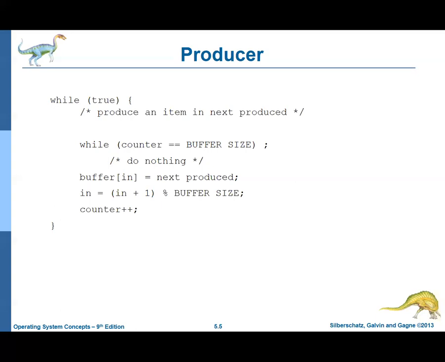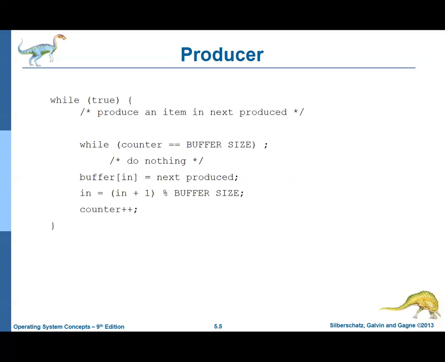So in could be here. And the producer said in is 4, so he's going to put the donut over here. Here's the donut. And now we have to decide what's the case.